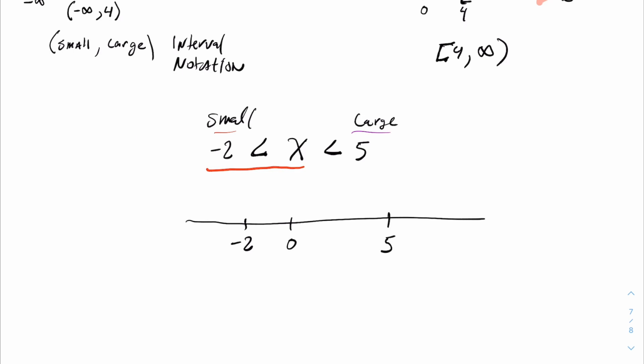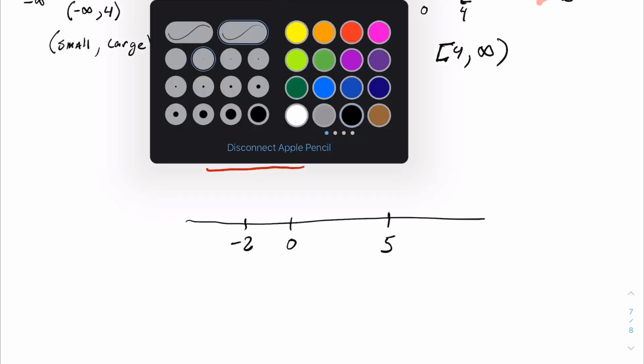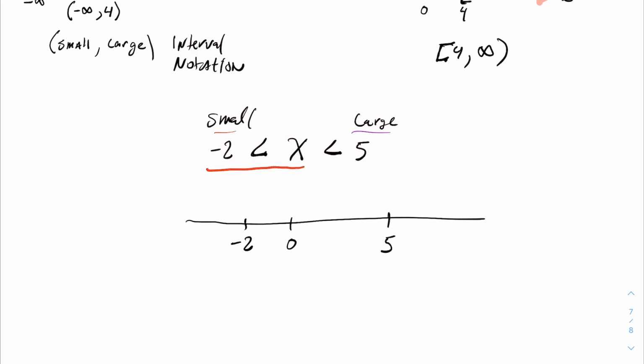So when we read this from the inside out, we'd say, shade the x values that are, and because it's facing the x, larger or greater than -2. Well, greater than -2 is to the right. Notice that this is just greater than and not equal to, so this has to be open, non-inclusive.